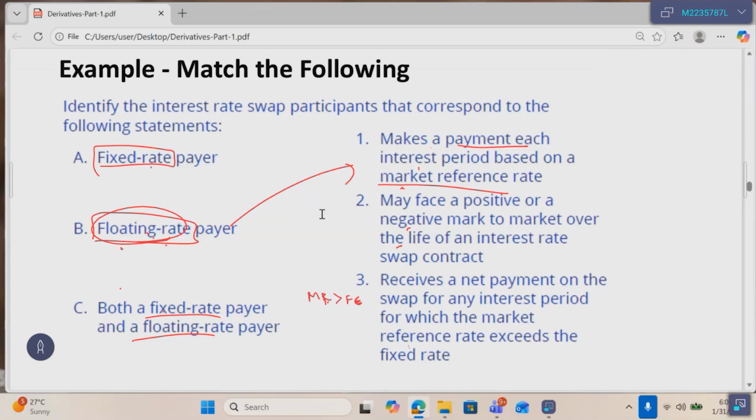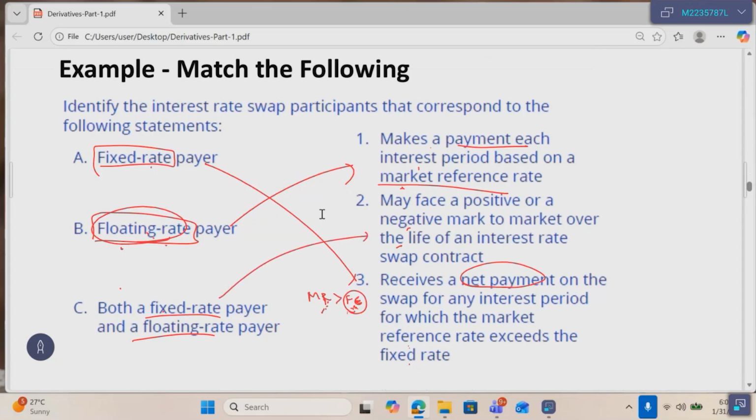When he's paying a fixed rate and the market rate is greater, then he'll receive a net payment. So the fixed rate payer will make money when the market rate is higher. Correct?